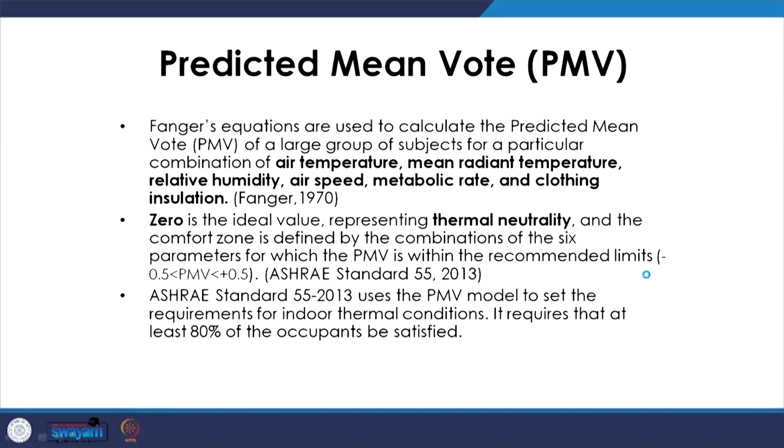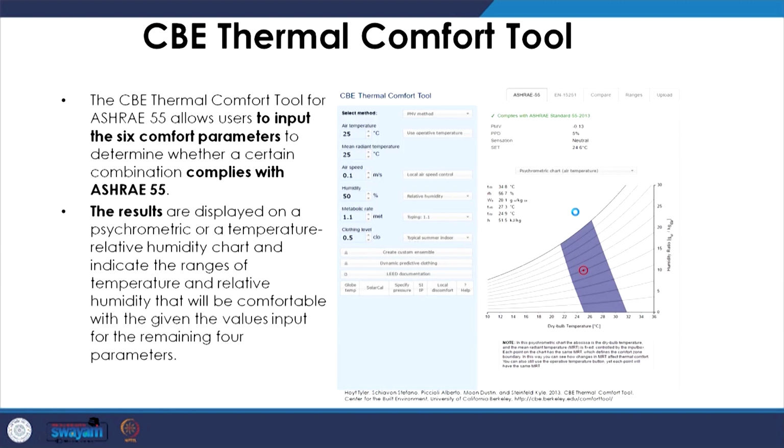So, ASHRAE 55, which is the standard which we commonly use for understanding thermal comfort, used the same PMV scale to define thermal comfort, and 0 was taken, which was what we were seeing in the first initial slide of this presentation, where 0 expressed thermal neutrality and it would vary on both sides of 0 from -0.5 to +0.5.